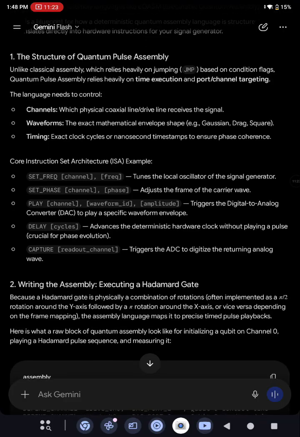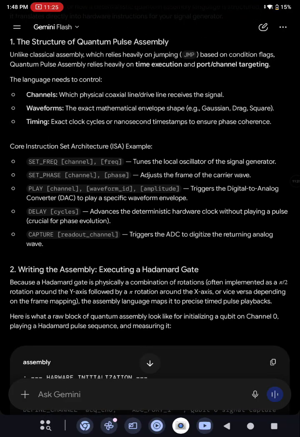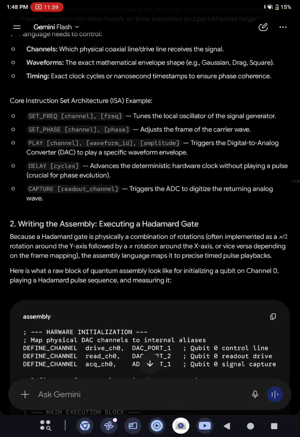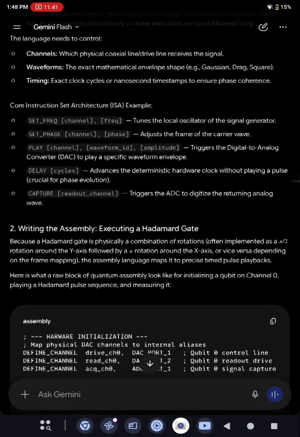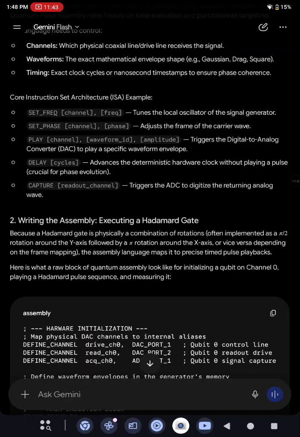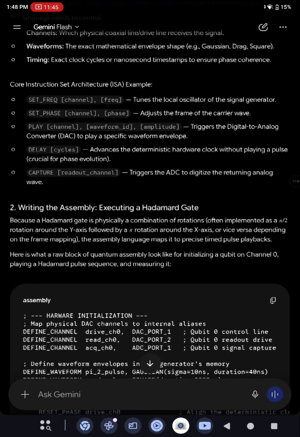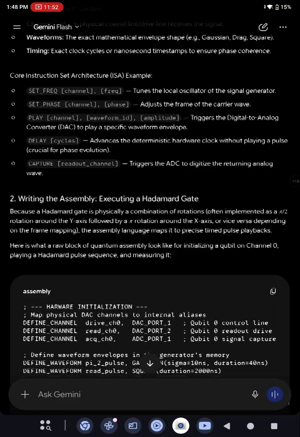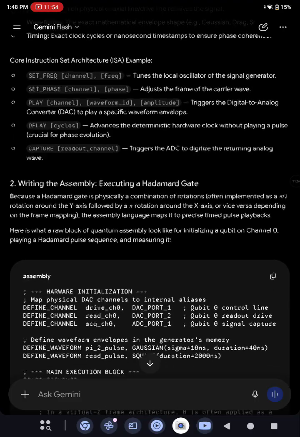So the structure of quantum pulse assembly, unlike classical assembly, which relies heavily on jumping based on condition flags, relies heavily on time execution and port channel targeting. The language needs to control channels, which physical coaxial line drive receives the signal, waveforms, the exact mathematical envelope shape, and timing, exact clock cycles or nanosecond timestamp to ensure phase coherence.